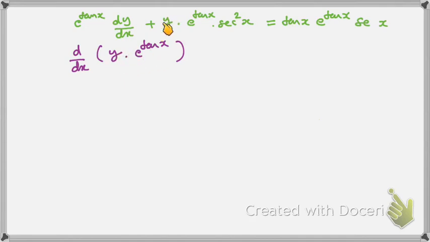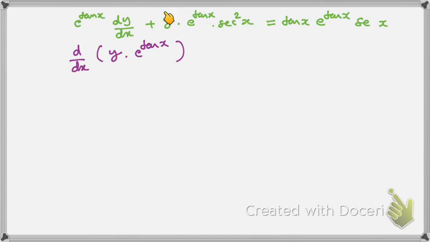So it's the first function which I have here, y, into the derivative of e raised to tan x, which would be e raised to tan x itself into the inner derivative sec squared x. So that's my u into v dash, plus v, which is e raised to tan x, into u dash, which is dy by dx. So that's perfect. When I differentiate, I am able to get this. So I should realize that this is actually the derivative of y into my IF all the time.